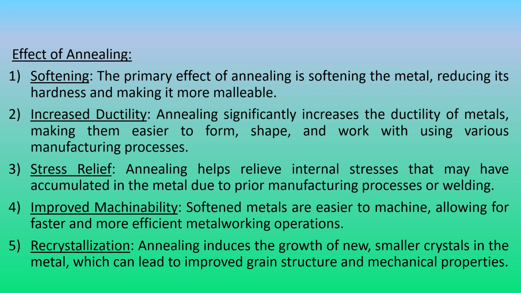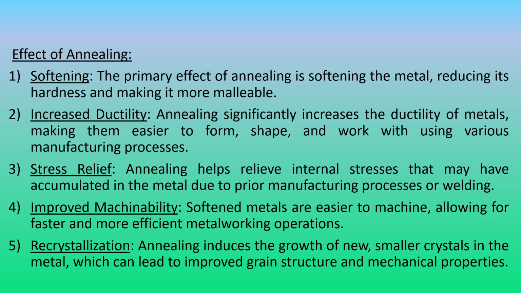Annealing helps relieve internal stresses that may have accumulated in the metal due to prior manufacturing processes or welding. Improved machinability. Softened metals are easier to machine, allowing for faster and more efficient metalworking operations. Recrystallization. Annealing induces the growth of new, smaller crystals in the metal, which can lead to improved grain structure and mechanical properties.